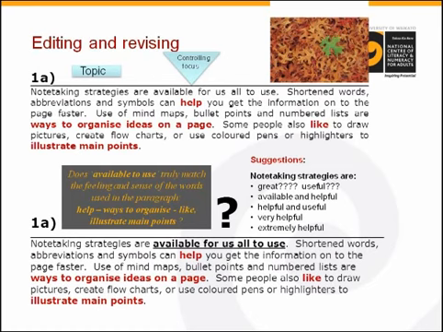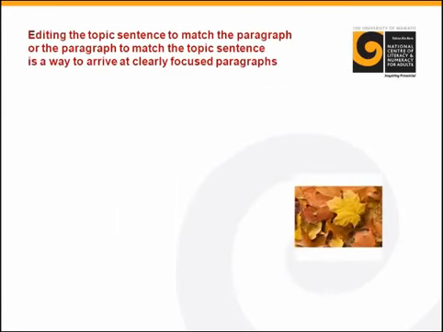Well, we could say note-taking strategies are great or useful. There's just this sense that they're helpful for us, and it's a nice thing in the topic sentence to have the controlling focus really reflecting the meaning and the sense and feeling of that paragraph underneath it.